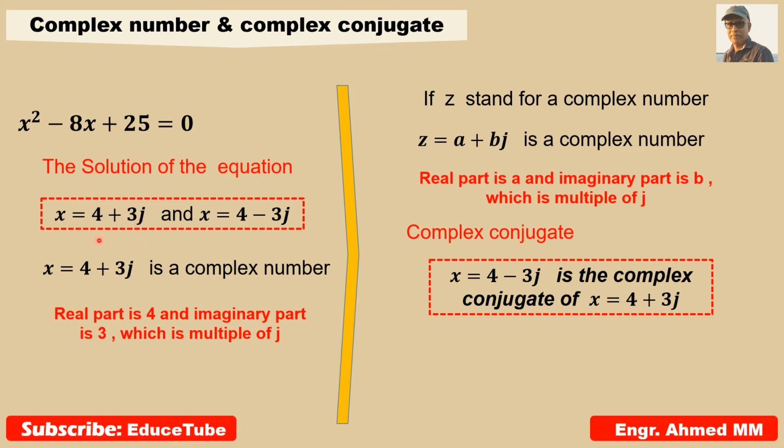If we are asked to find the complex conjugate root, we only change the sign. In place of plus, we put minus. So it will be the complex conjugate of 4 plus 3j, which is with plus.